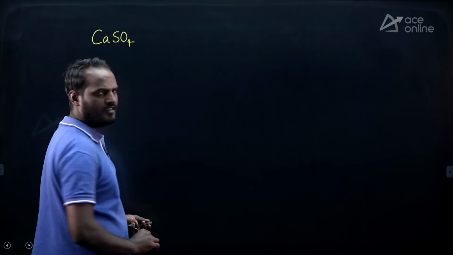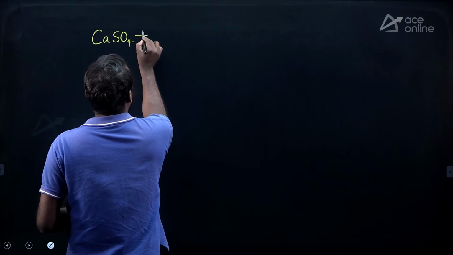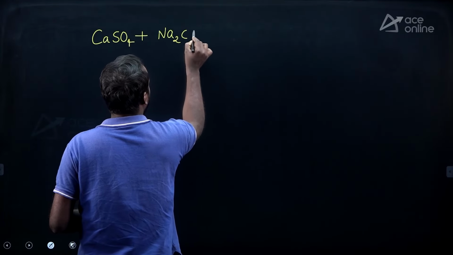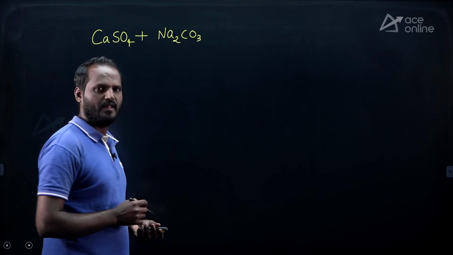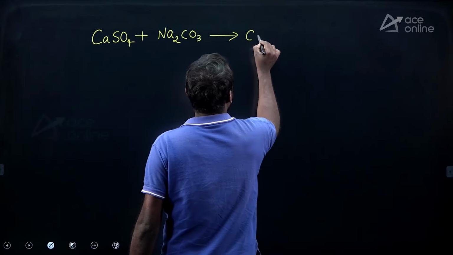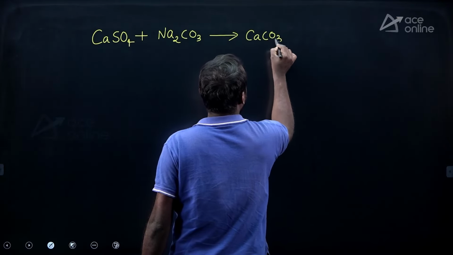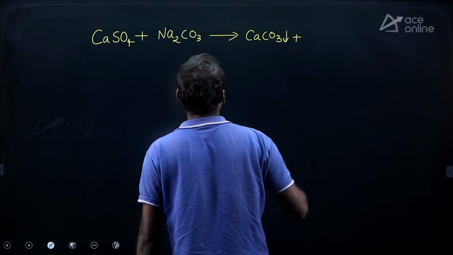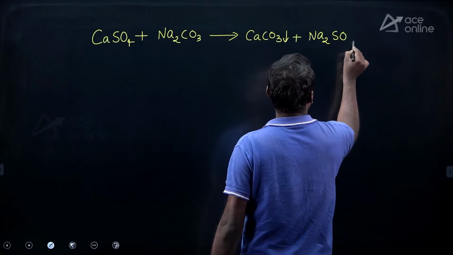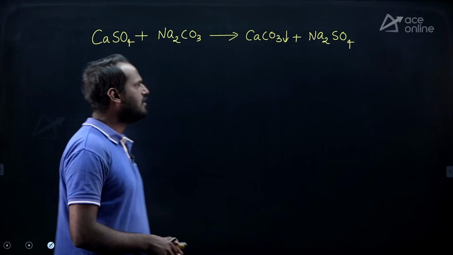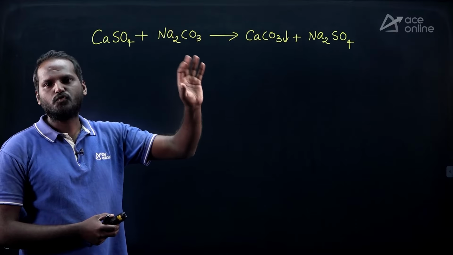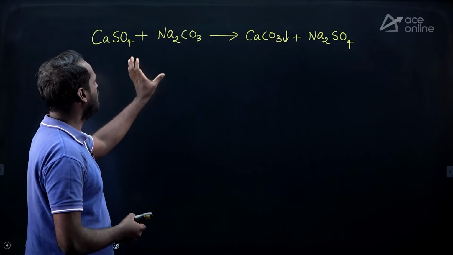I wanted to remove this, so I need to add soda ash, Na2CO3, sodium carbonate. After adding this soda ash, CaCO3 precipitate forms plus Na2SO4 forms. Sodium combines with that sulfate ion, so that entirely whatever the non-carbonate hardness due to sulfate is removed, right? This is the reaction here.